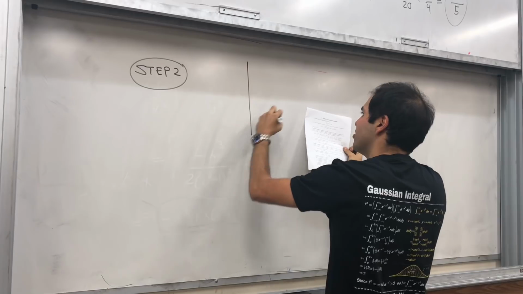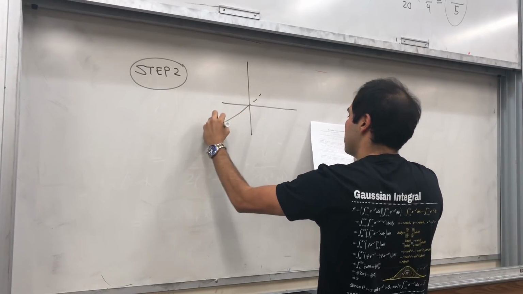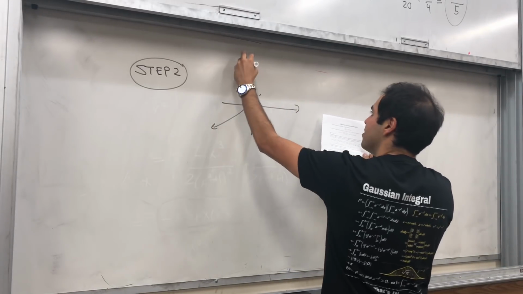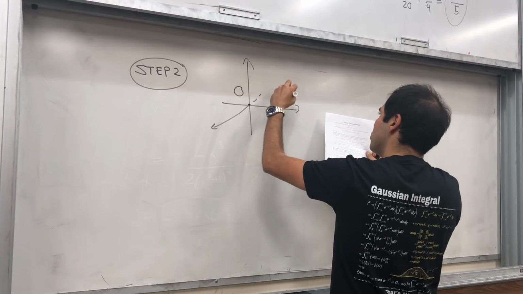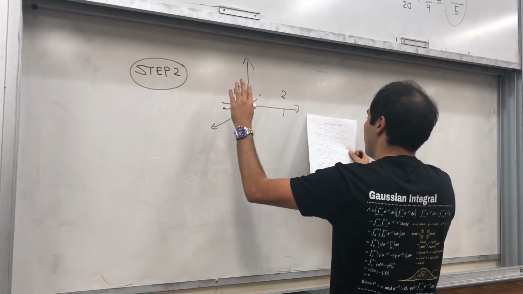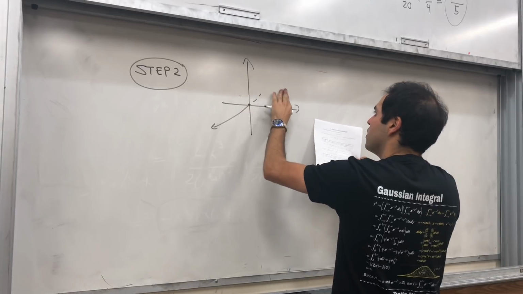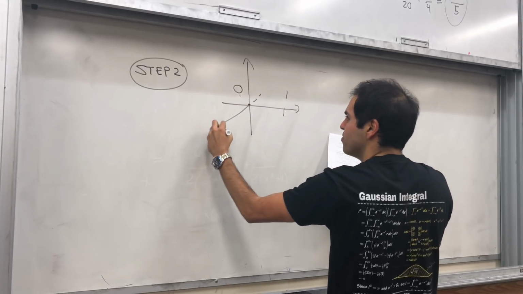So again, you have your rectangle here, where y is from 0 to 1 and x is from 0 to 2.